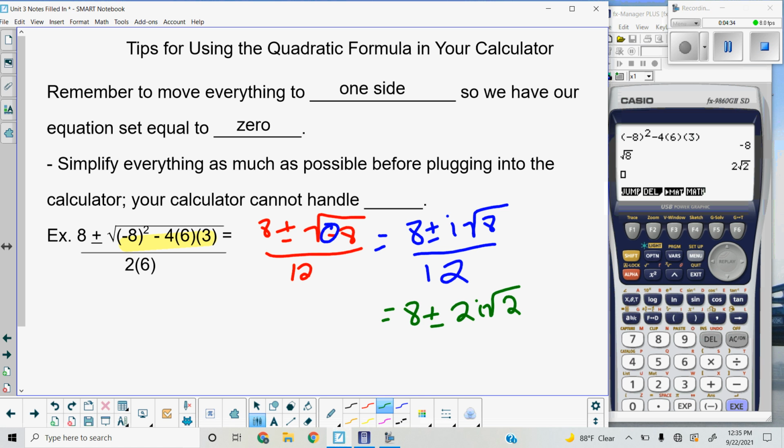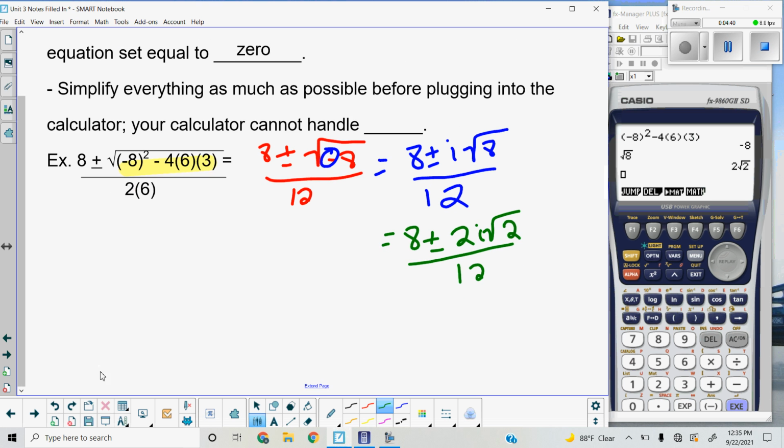And then over 12. Now we can actually simplify this a little bit further because 2 can go into 8, 2, and 12. So we're going to reduce those numbers all by 2.